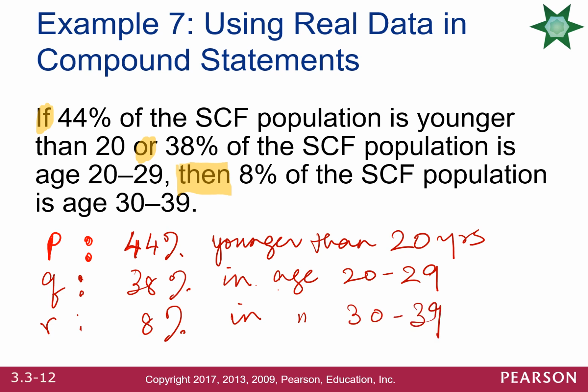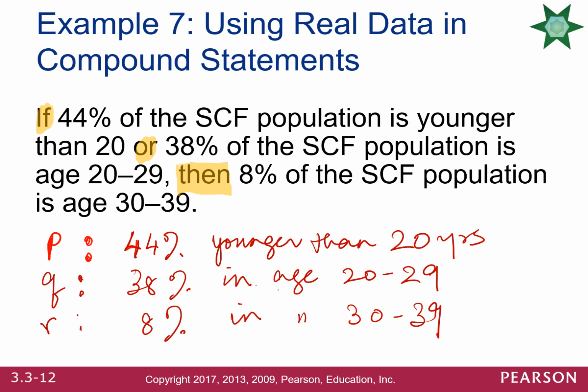Now, given that, how do we construct the statement? So it says if P or Q, right, 38% or Q, then R, correct? So we are going to write it as P or Q. So let's write that.